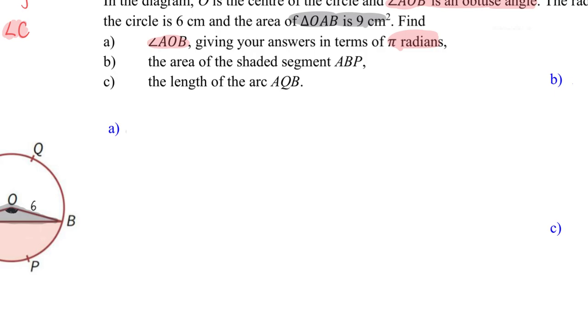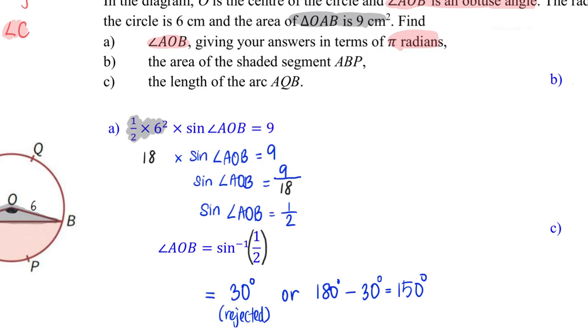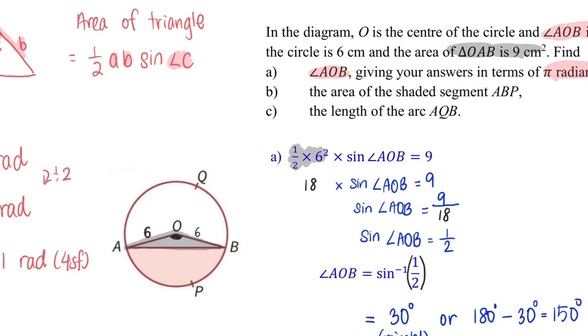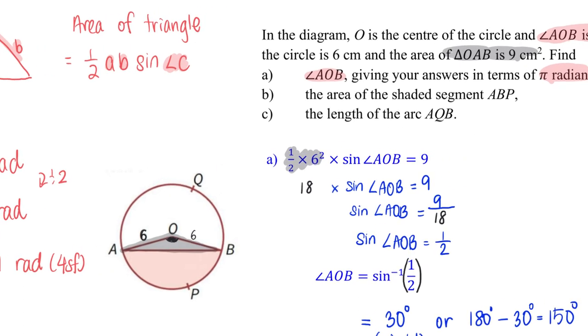You will then see Mr. Tan applying the area of the triangle formula, half times A times B times sine of angle C, meaning in this case, half times 6 times 6 times the sine of angle AOB equals to 9.